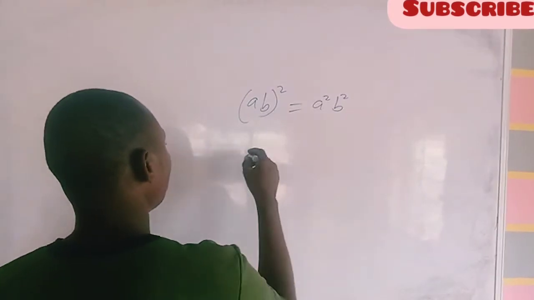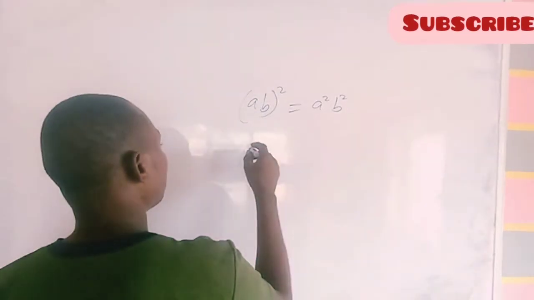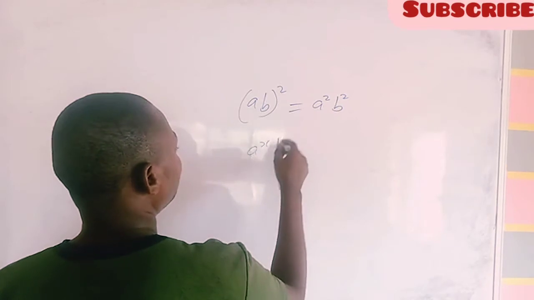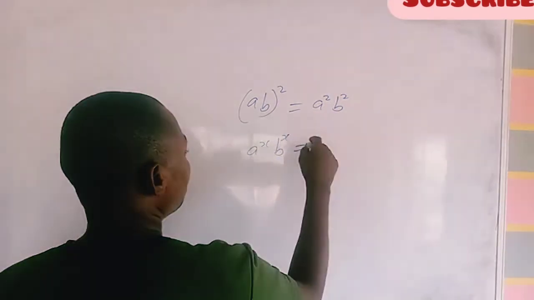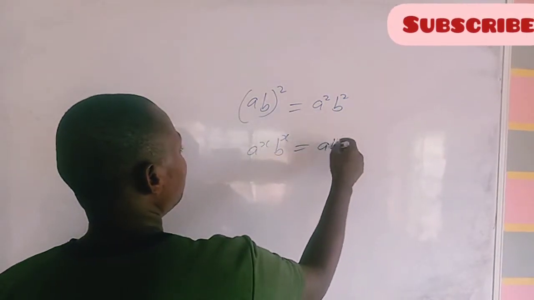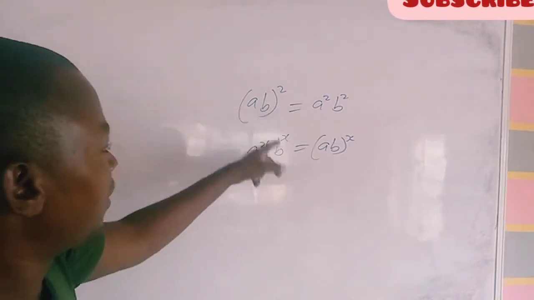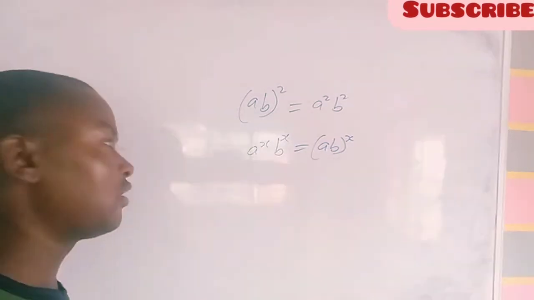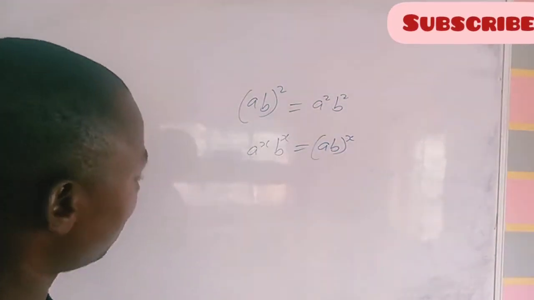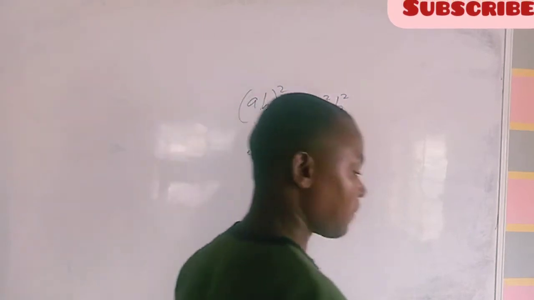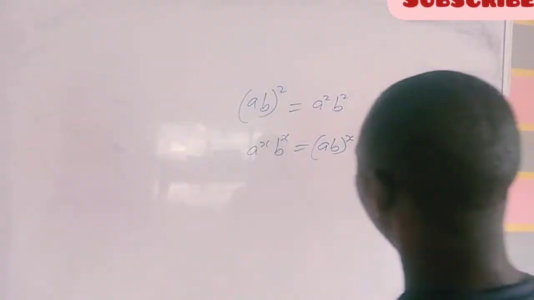Whereas if we have A^x B^x, we can convert it to (AB)^x. So we are able to distribute the power here, and here we separate the power. Okay?